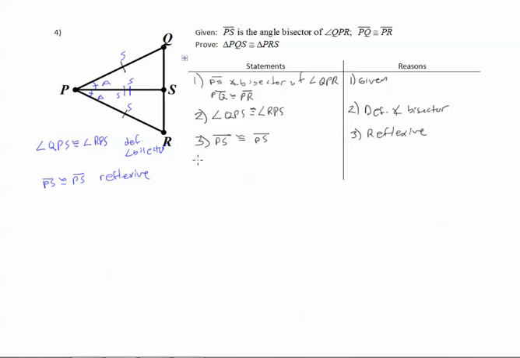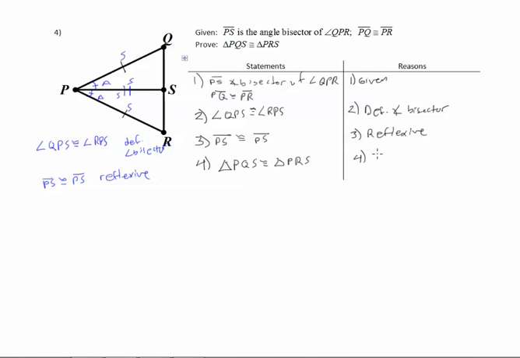And at that point, we went back and looked at our triangle, and we established that we have a side, an angle, and a side. Side, angle, side. If they are corresponding and congruent, that is a shortcut that we can use to determine congruency of triangles. So at this point, we can state triangle PQS is congruent to triangle PRS.